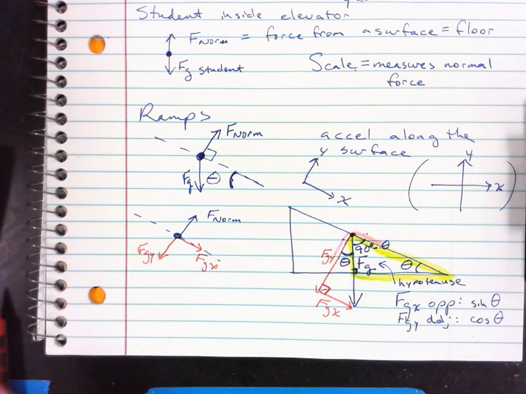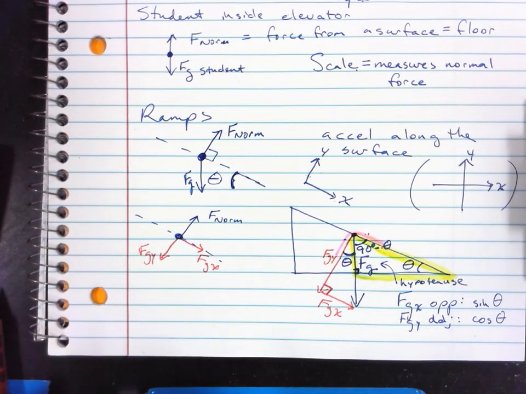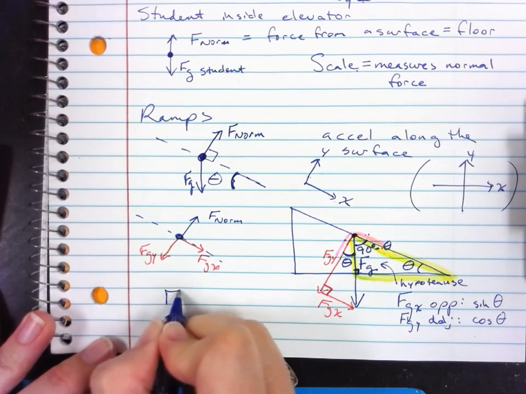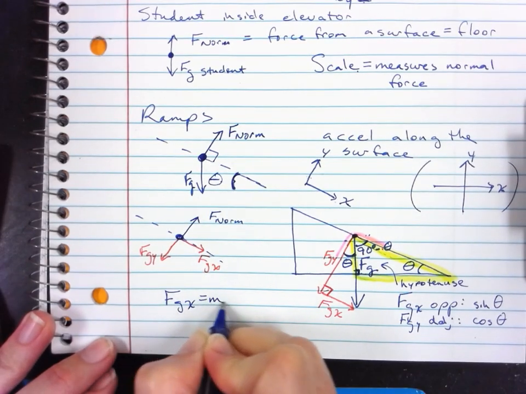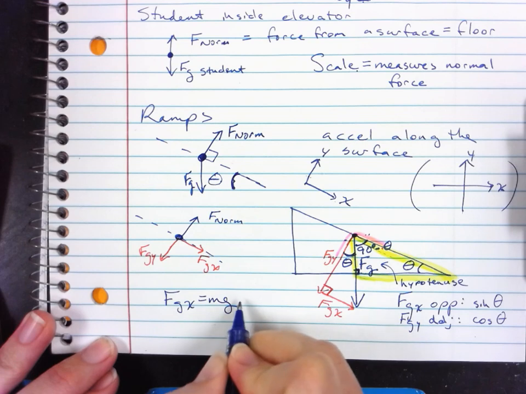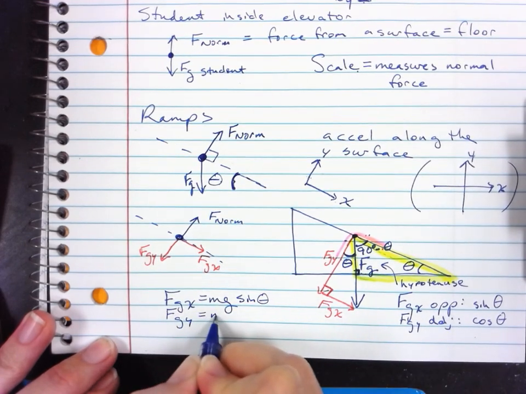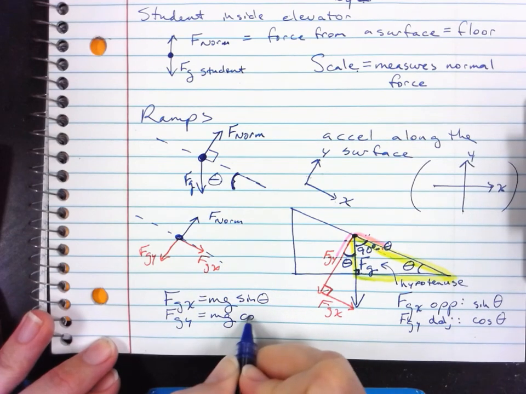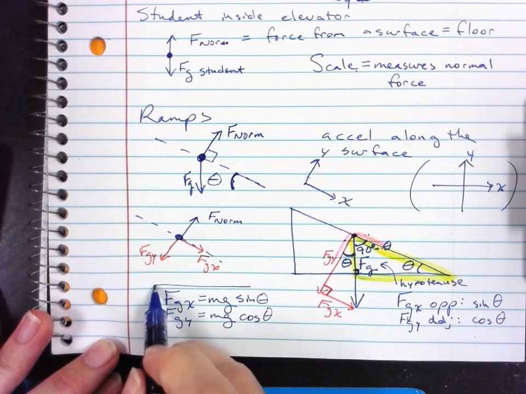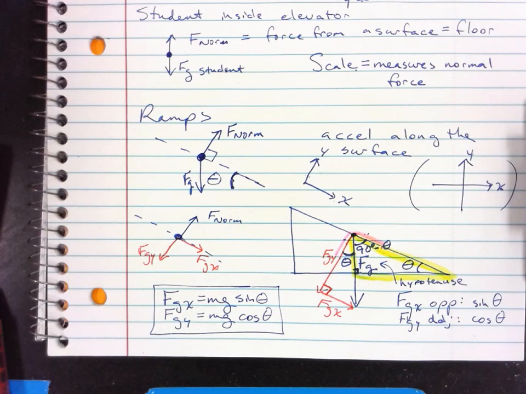So summarizing those as the equation formulas that in AP1 I just told you, FGX equals mg, x is always cosine except on ramps where it's sine, and FGY is mg, y is always sine except on ramps where it's cosine. So that's how we break those up into components.